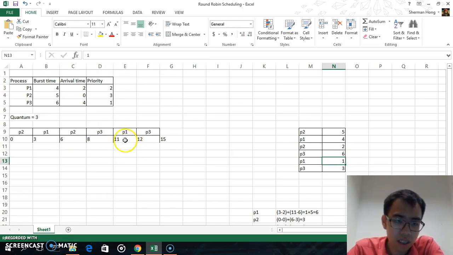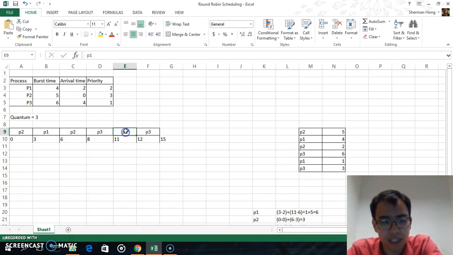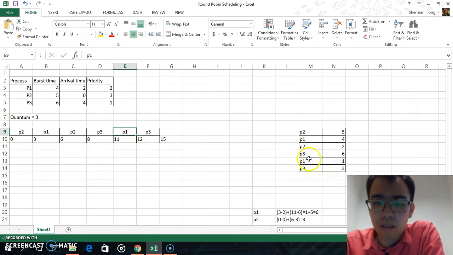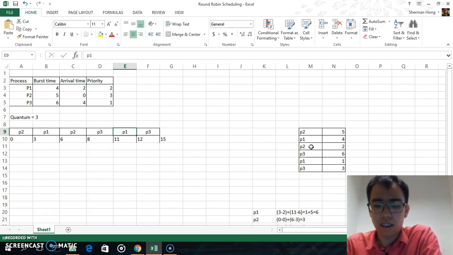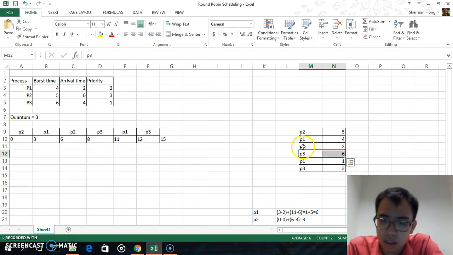Now you know how many times you need to jump to go to the next line. So 11 plus 1 becomes 12, and then you put P1 here. The last execution you need to do is P3. P3 is 6 based on the first time.